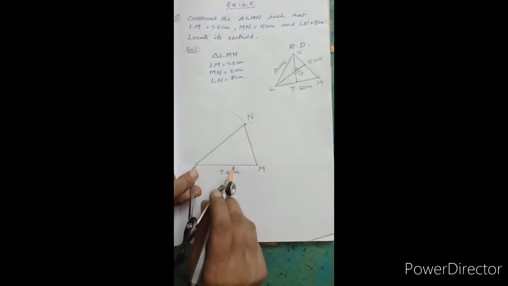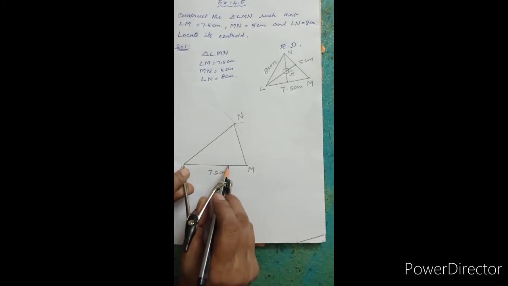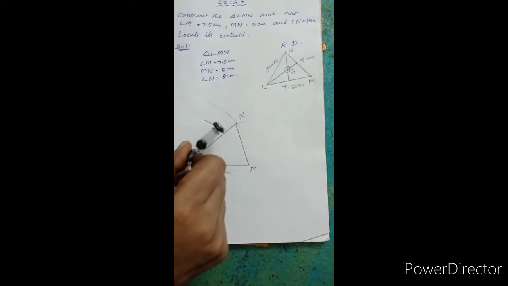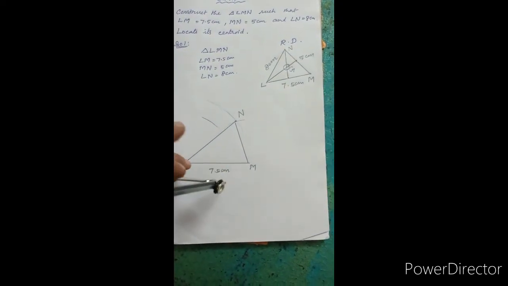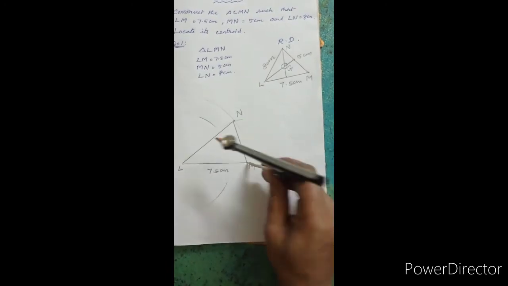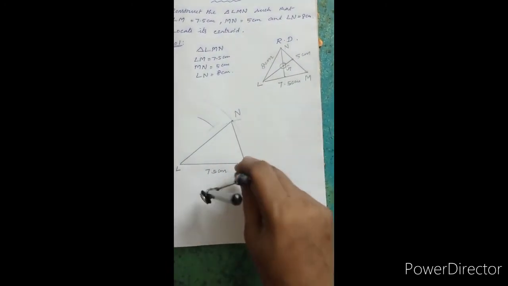Now construct perpendicular bisector. For that take more than half of this side as radius in your compass. This point is center. Draw arcs with the same radius, M as center, draw arc.